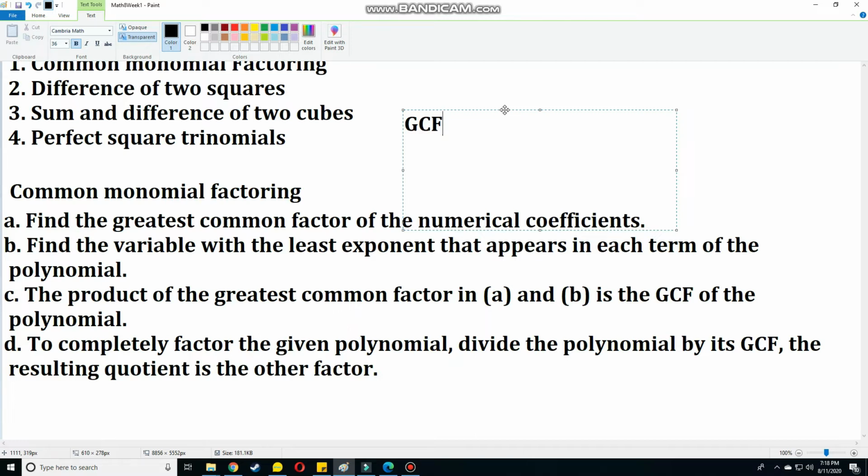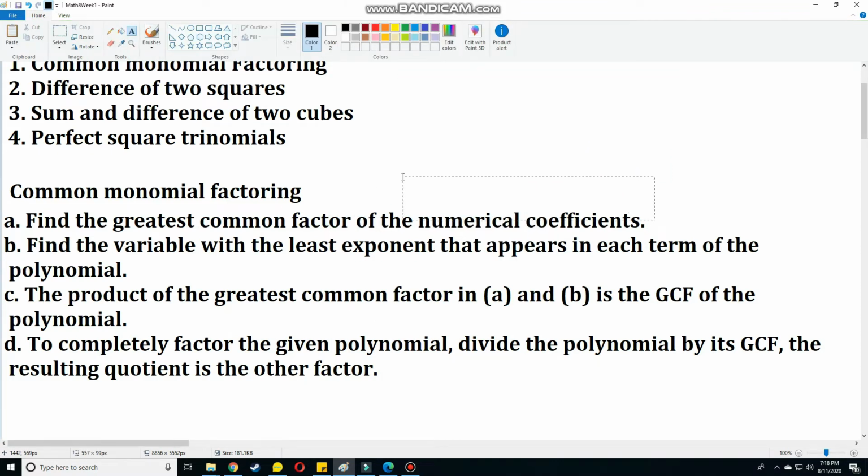How to find the greatest common factor? It's because in your later years you would still apply it. Now, find the greatest common factor of the numerical coefficients. As you can see, we would focus on the numerical coefficients.